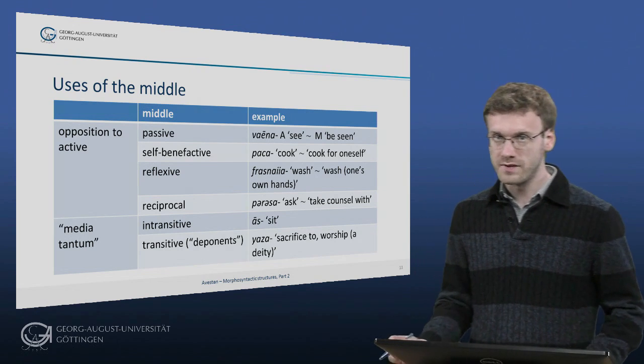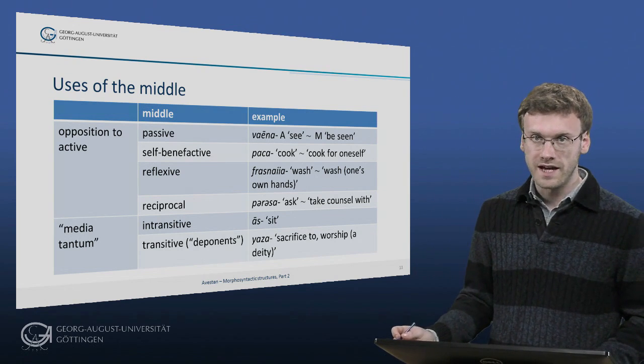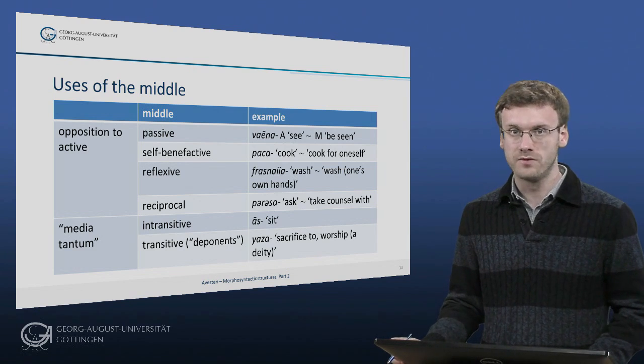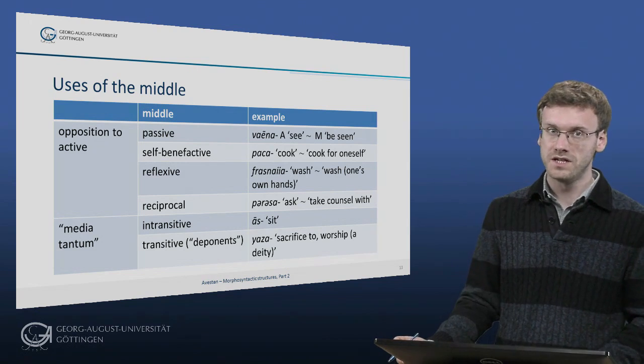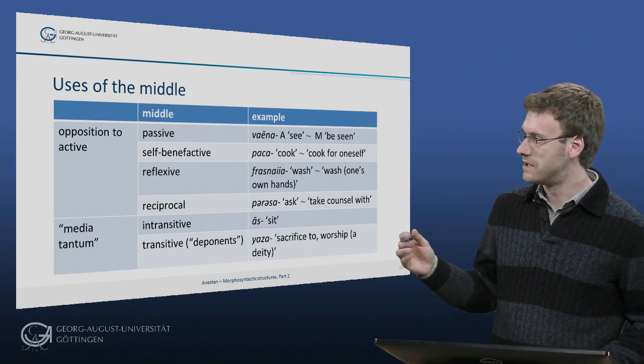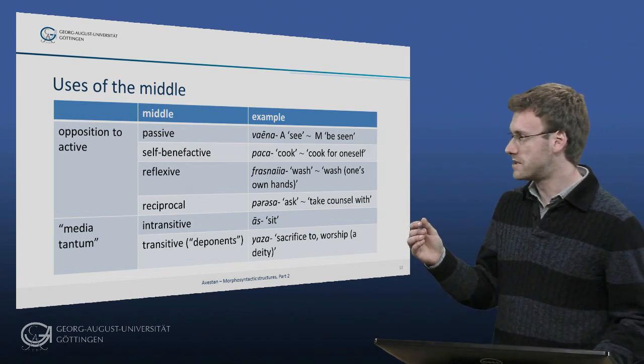For the sake of this presentation, it makes sense to treat the active as the default voice and point out the different uses of the middle in opposition to the active. So here are some frequent types of relation a verb with middle inflection can have to its active counterpart.